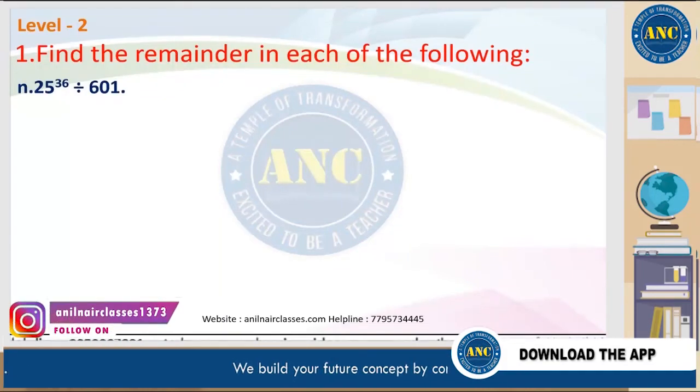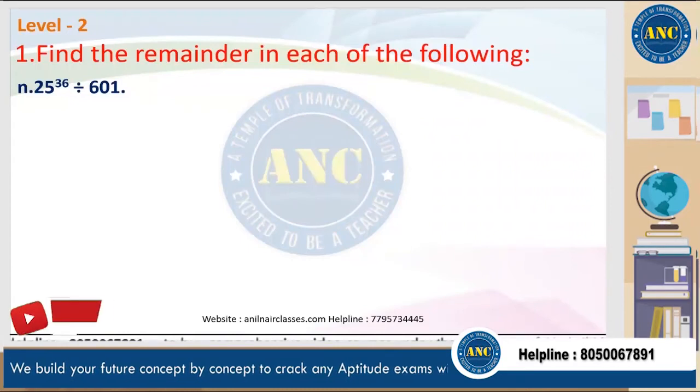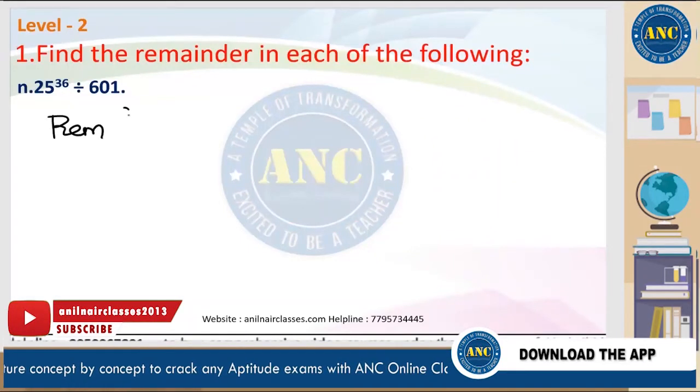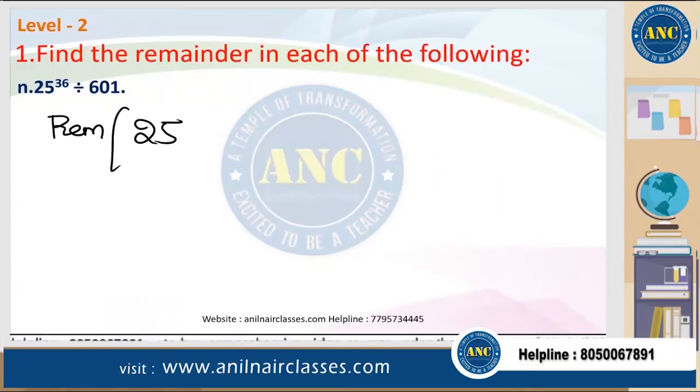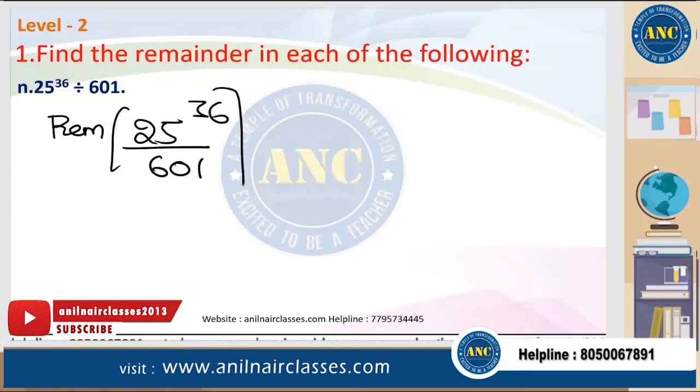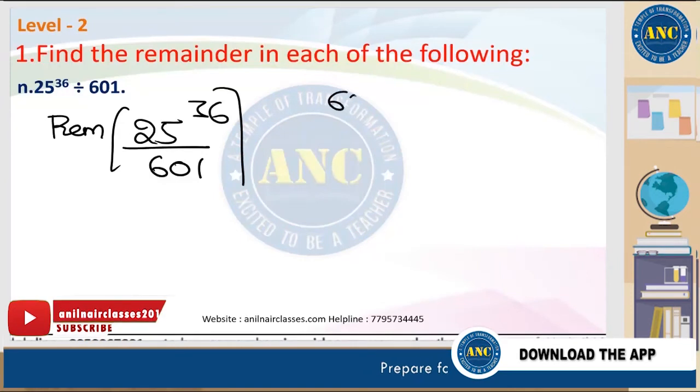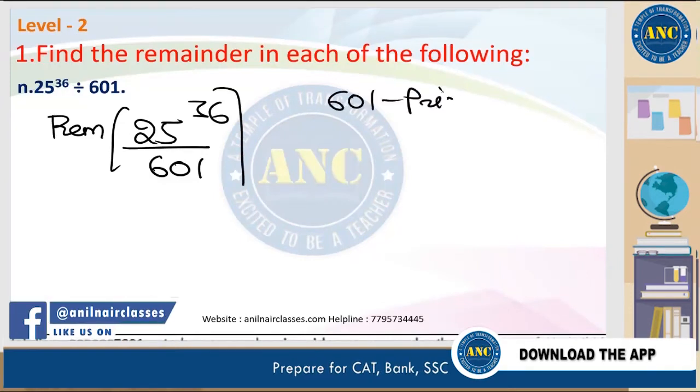Now another beautiful question, sir. 25 power 36 divided by 601. Remainder. 601 is a prime number.